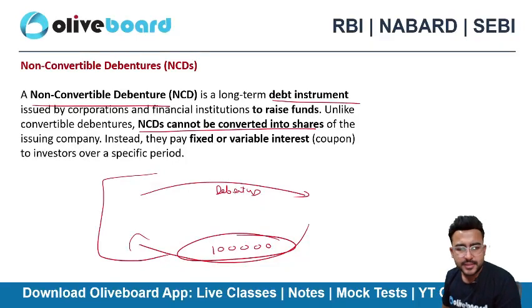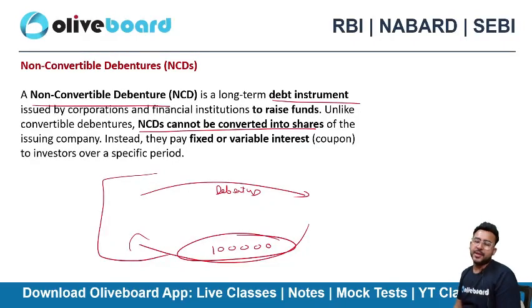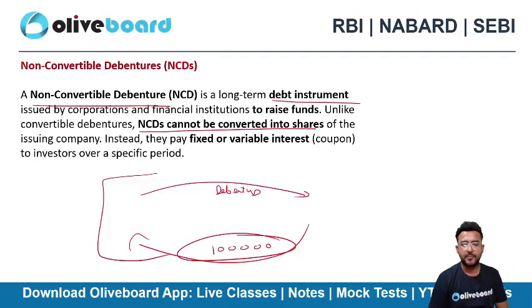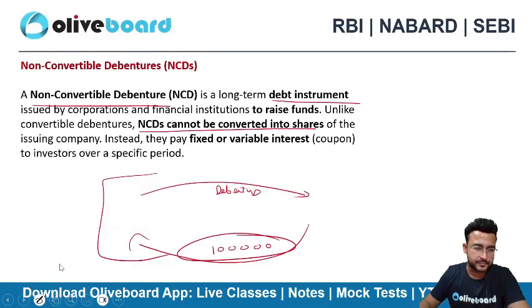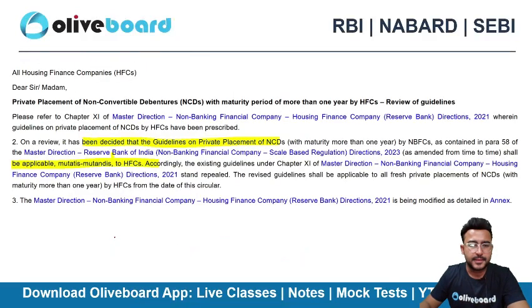I'll give you the consideration in the equity share capital of my company, but not in the actual money, not in the actual cash form. That's called convertible debentures. When your debentures don't have such a kind of option, they are non-convertible debentures. You cannot convert that into shares, right?